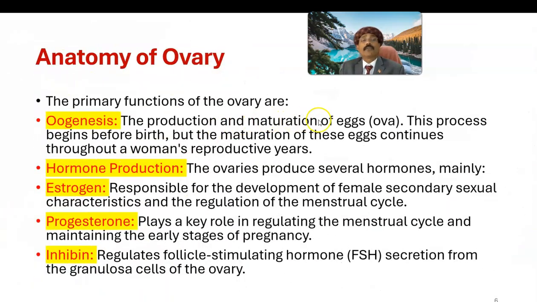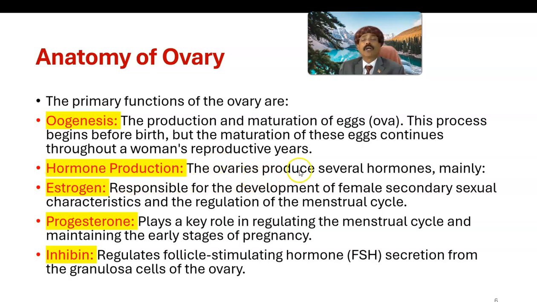The primary functions of the ovary are oogenesis, production and maturation of eggs, ova. This process begins before birth during the intrauterine life, but maturation of these eggs continues throughout the woman's reproductive years.